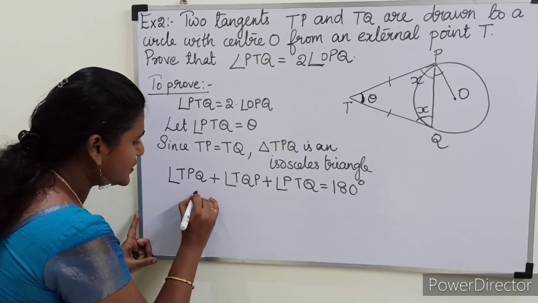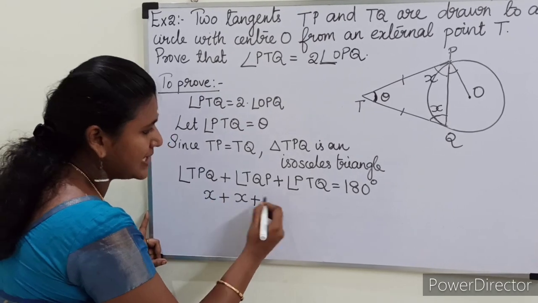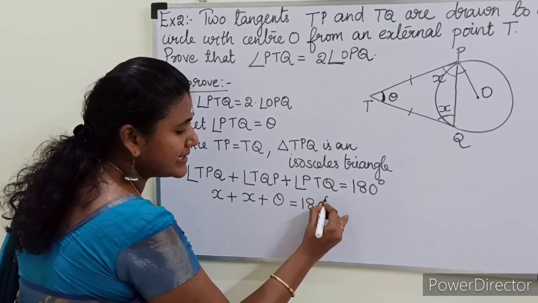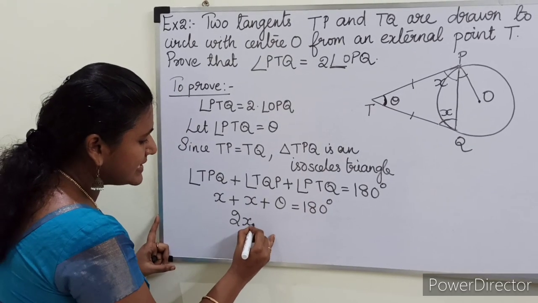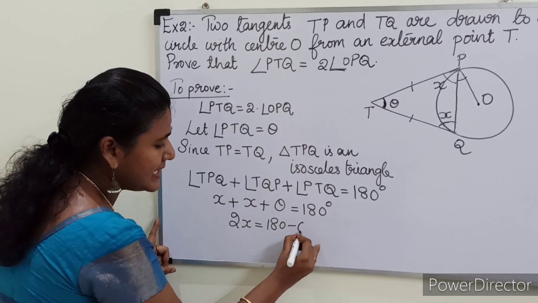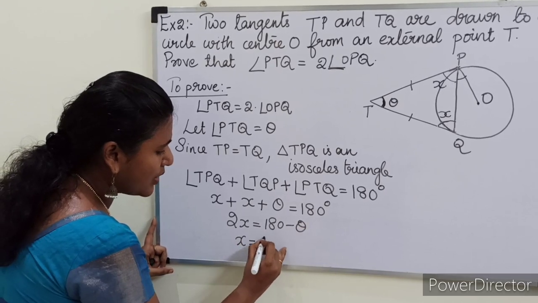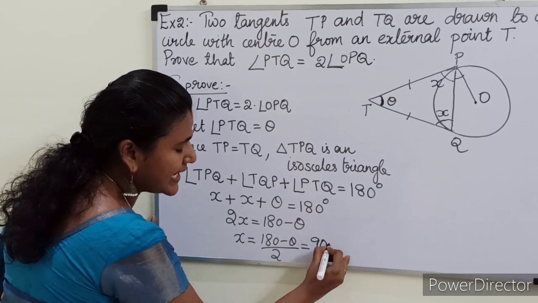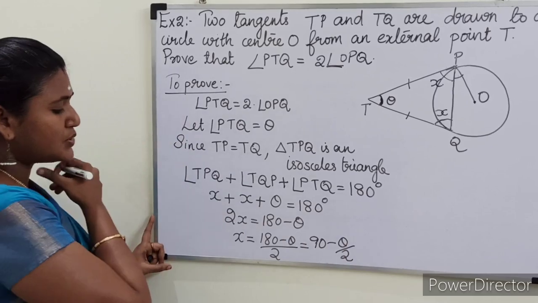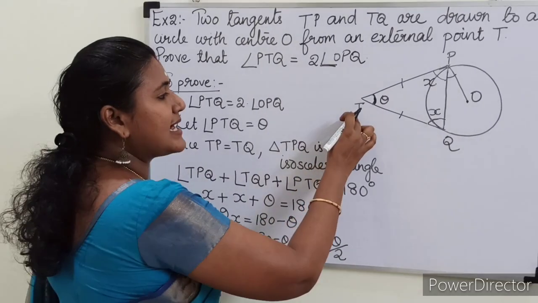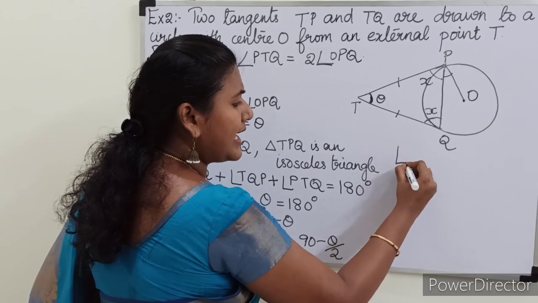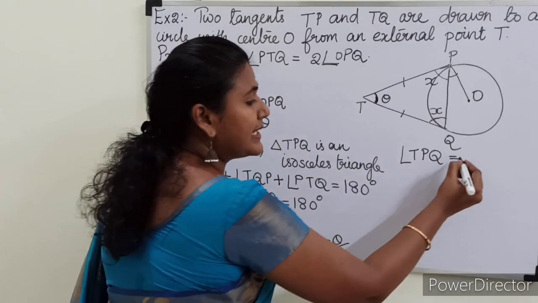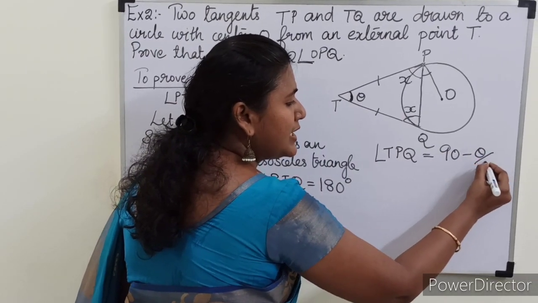So here we will substitute: x plus x plus theta is equal to 180 degrees. That is 2x is equal to 180 minus theta. From that x is equal to 180 minus theta by 2. We can simplify this as 90 minus theta by 2. So this x is nothing but angle TPQ. So angle TPQ is equal to 90 minus theta by 2.